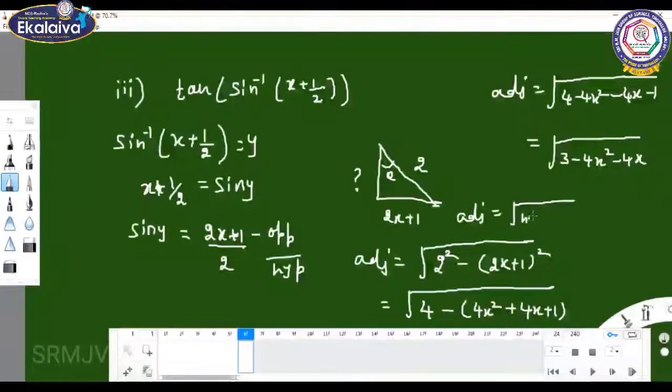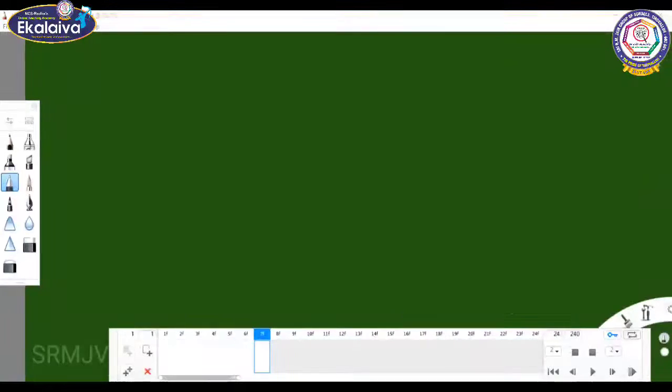Adjacent side equal to root of hypotenuse square minus opposite square. So what is the value? Sine y equal to 2x plus 1 by 2.